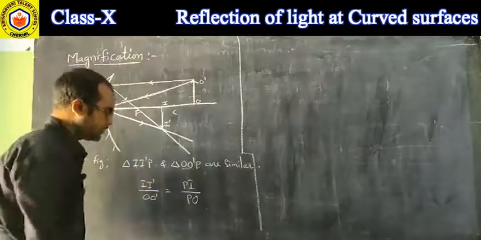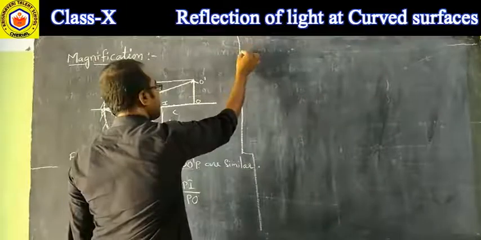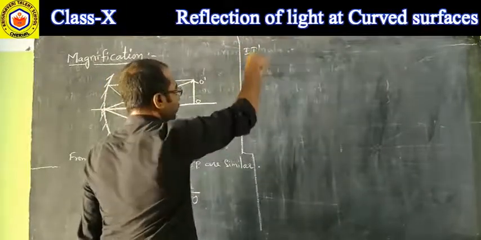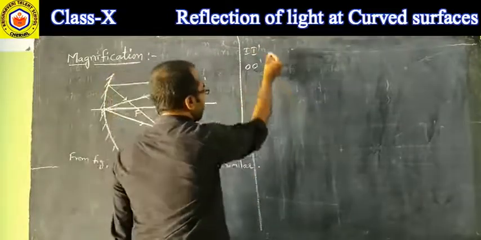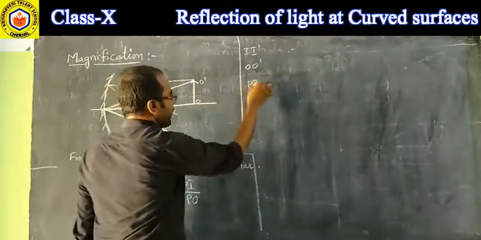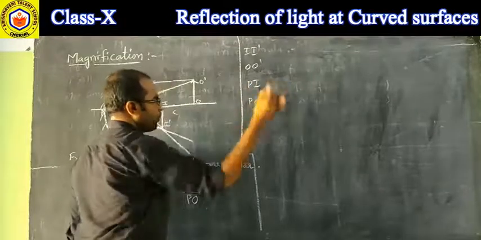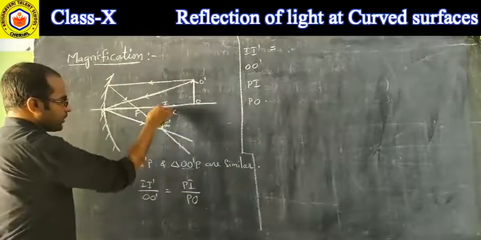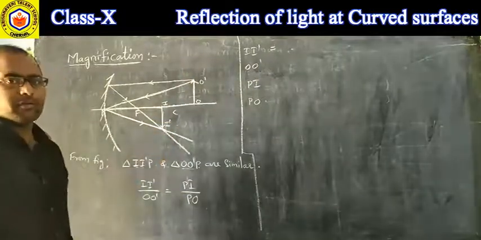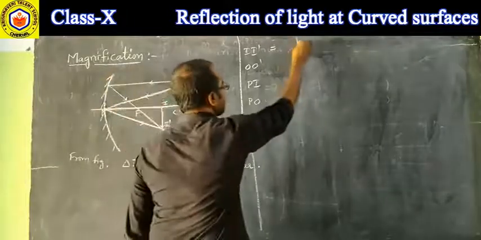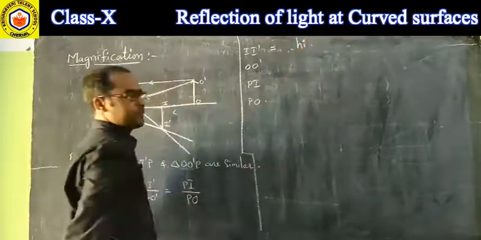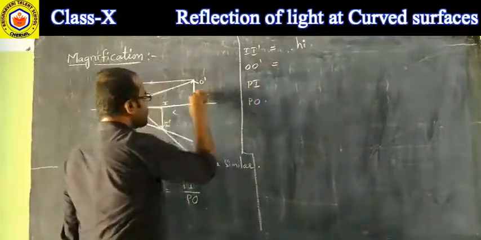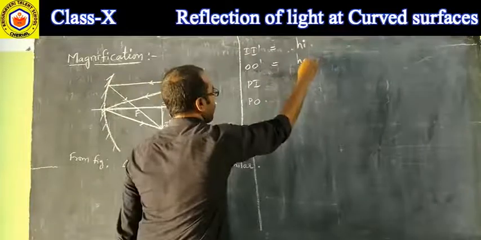What are the terms we have here? I dash, O dash, Pi and Po. What is I dash? It is the height of the image, Hi. Next, O dash is the height of the object, Ho.